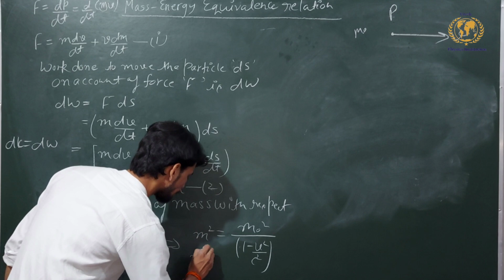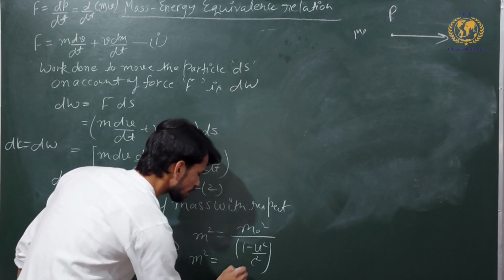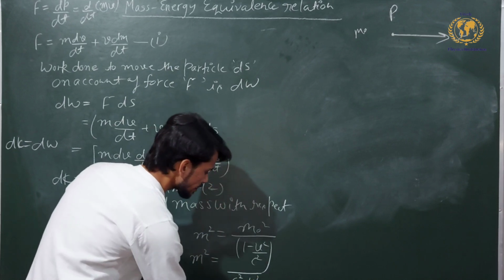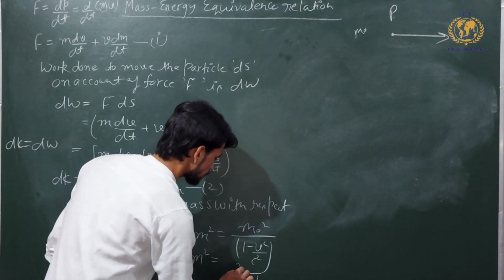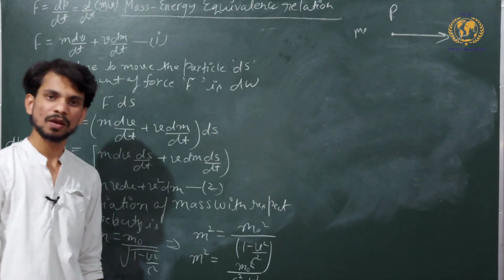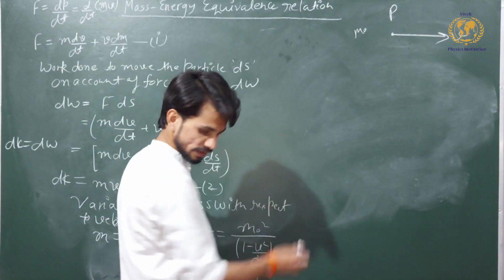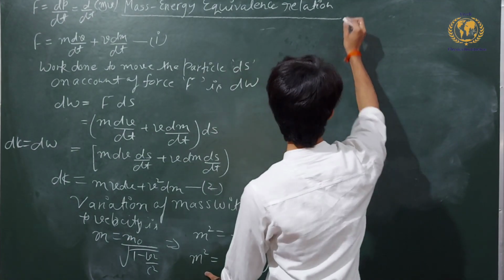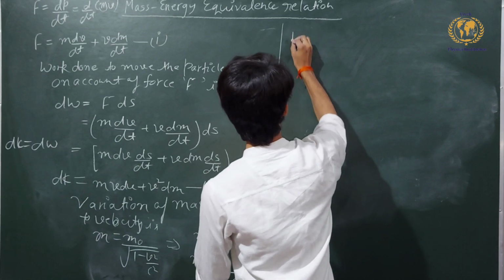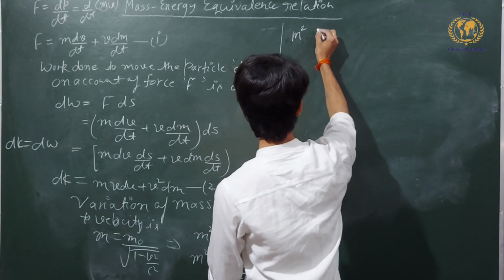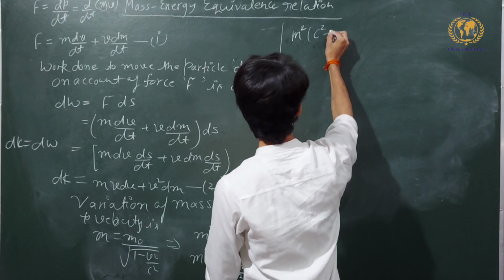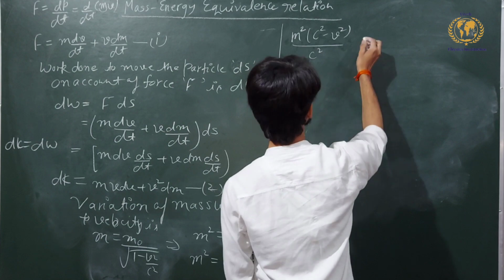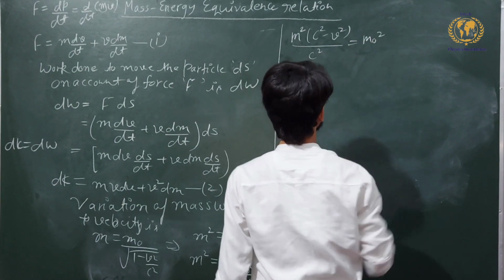That will give me m square times (c square minus v square) divided by c square equals m naught square.